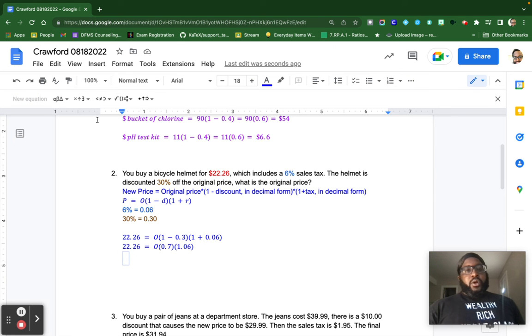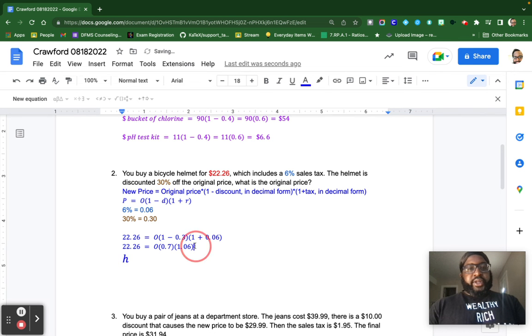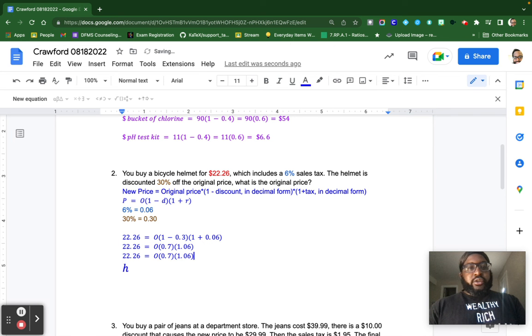Now, what I'm going to do is the following. Before I get started, I'm going to put this right here as a placeholder. Before I get started, I'm going to change the order for simplicity's sake.